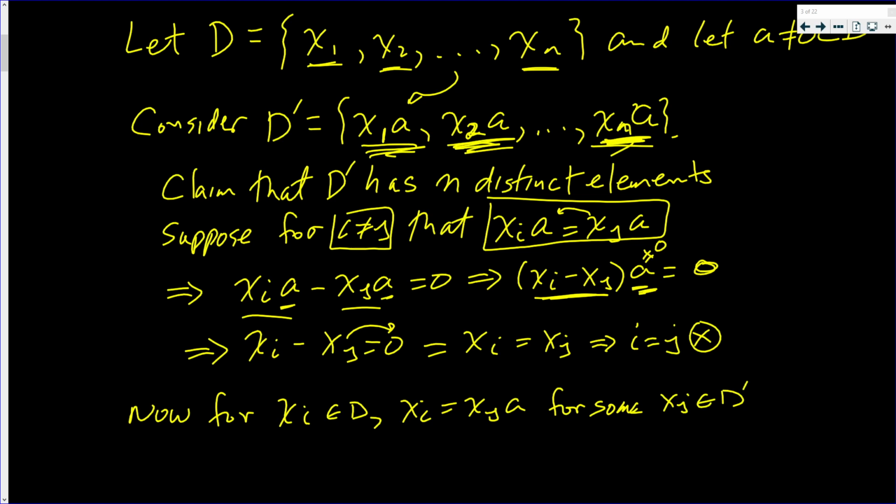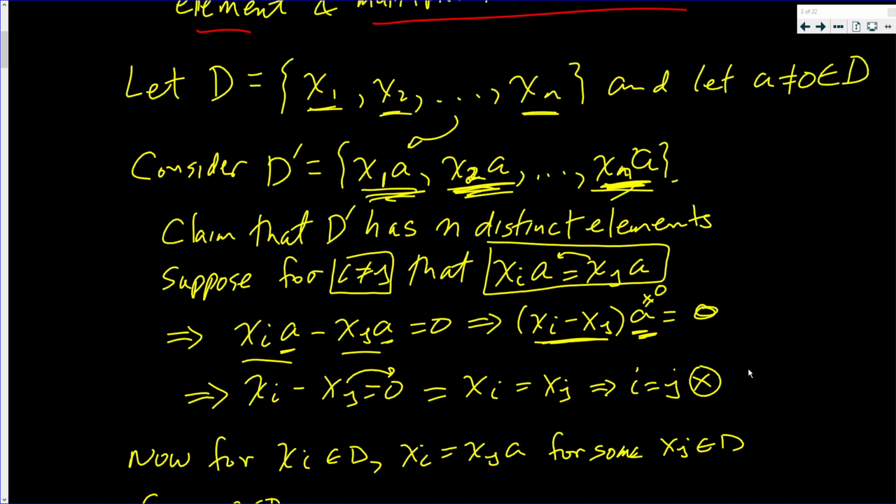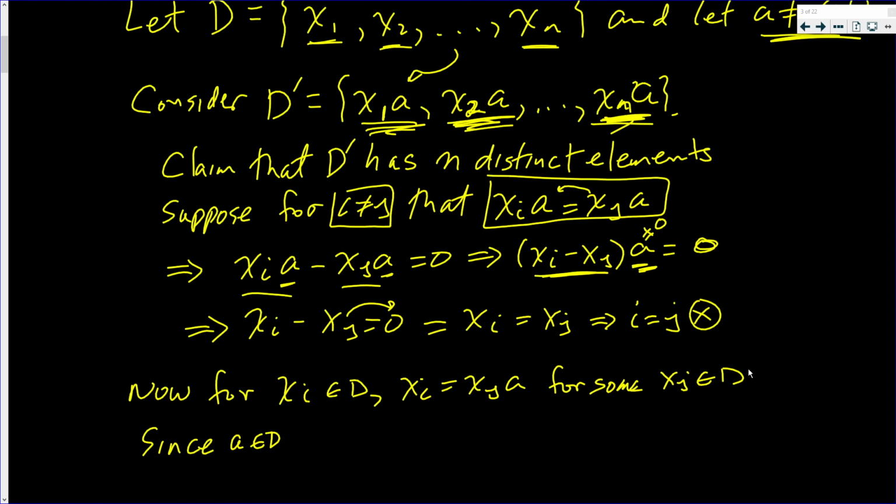Actually in D, excuse me. So let's get rid of that prime. But since a is in D, where did we say that? a is in D, it's not 0. Since a is in D, a must equal one of these elements in D prime. So a is equal to xi times a.